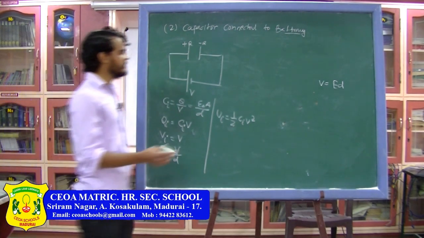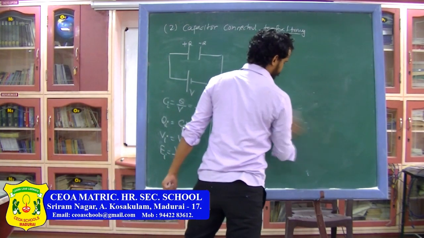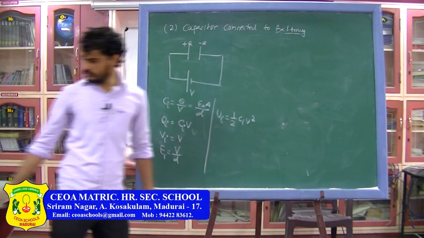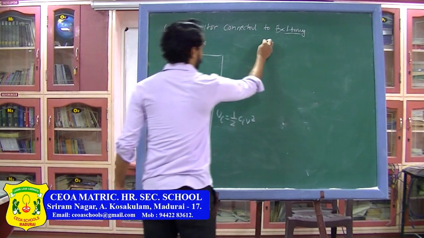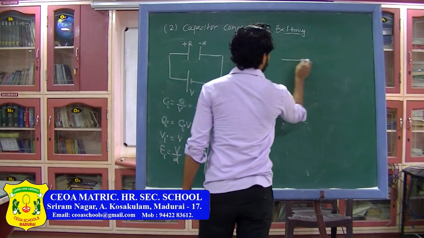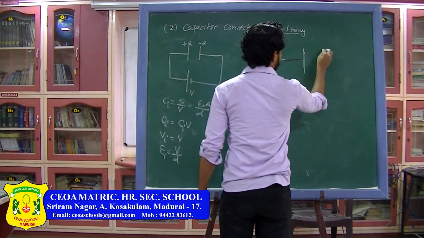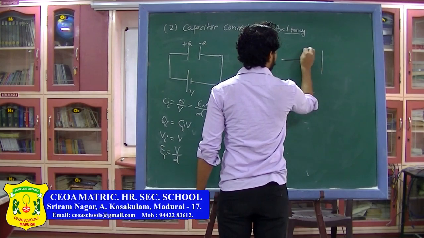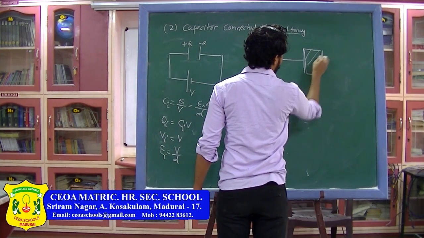Now we are going to insert a medium between the capacitor plates. So now we have a capacitor and we have inserted a dielectric slab and it is connected to a battery.